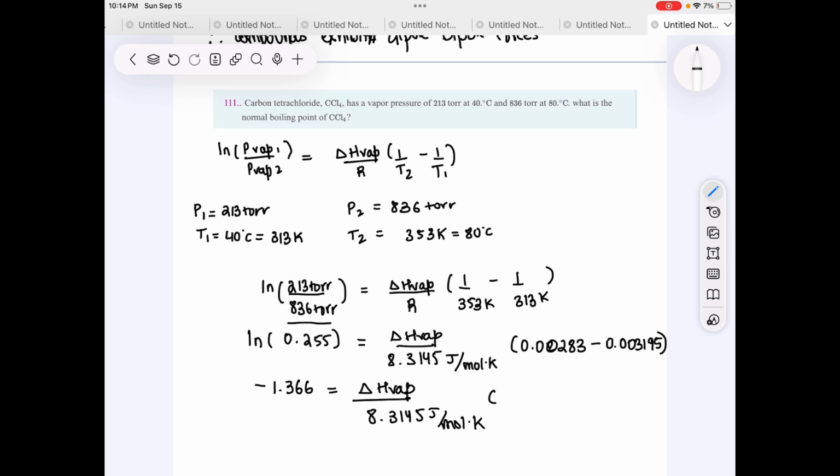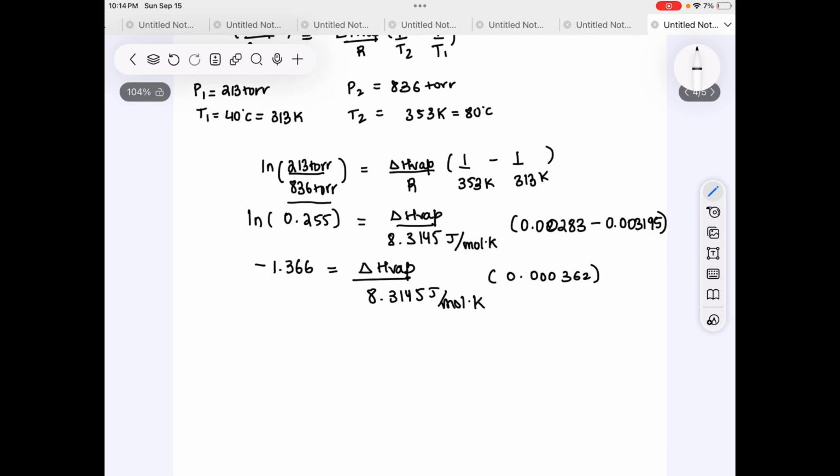If we subtract these two, we get 0.000362. Let us calculate for the heat of vaporization, and we get heat of vaporization equal to 31,372.